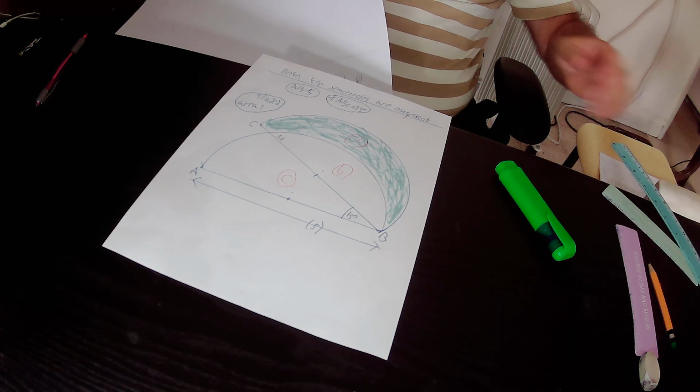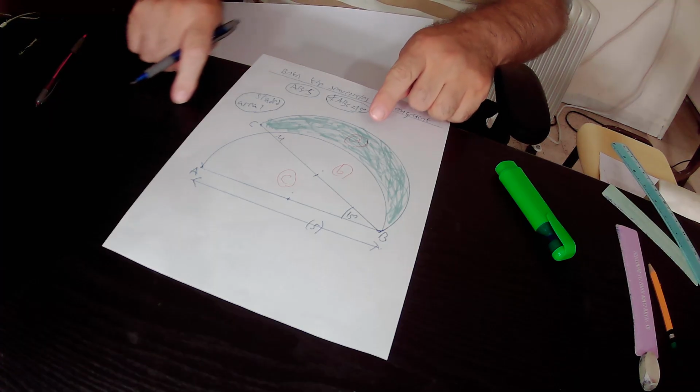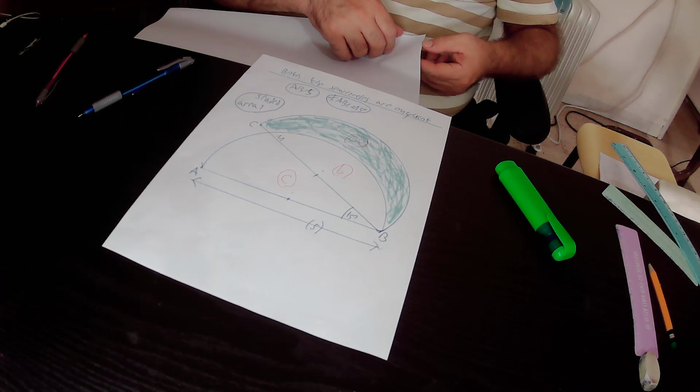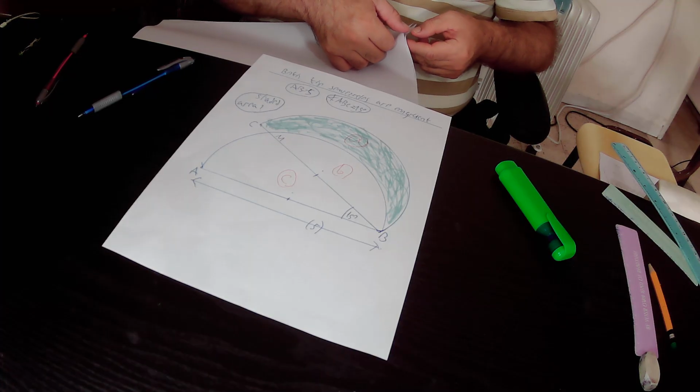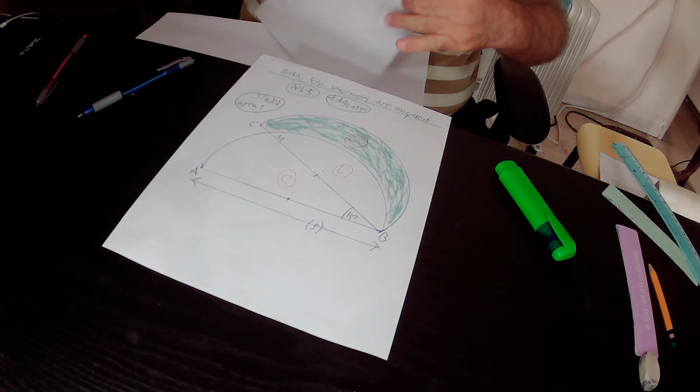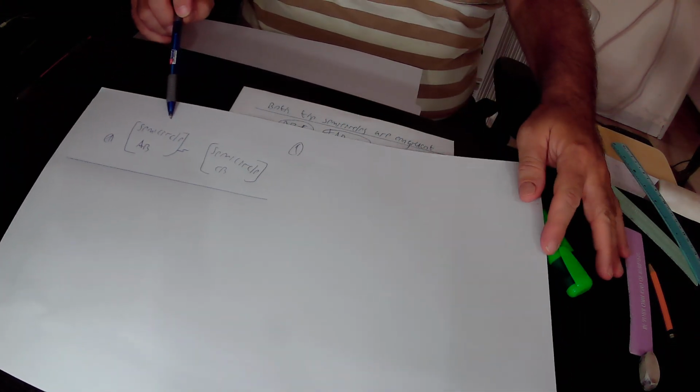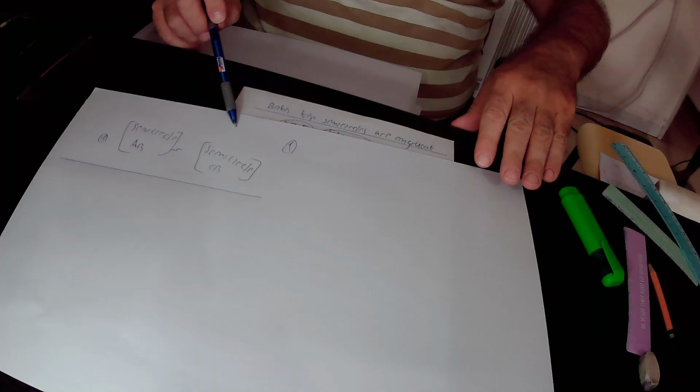Equation 1: the area of semicircle AB equals the area of semicircle CB.